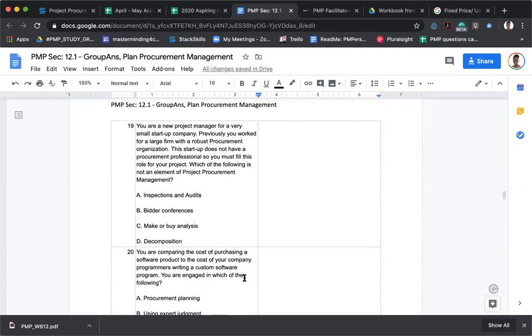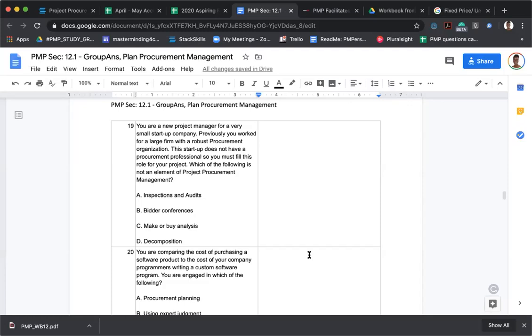Inspections and audits is part of quality. Decomposition is the WBS and breaking down stuff. Bidder conferences and make or buy are part of procurement. A and D are the two I'm not sure about. It's going to be one or the other.